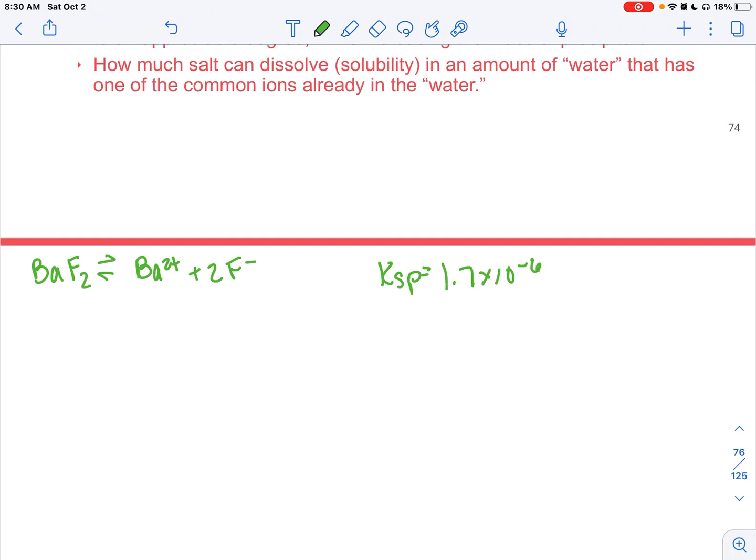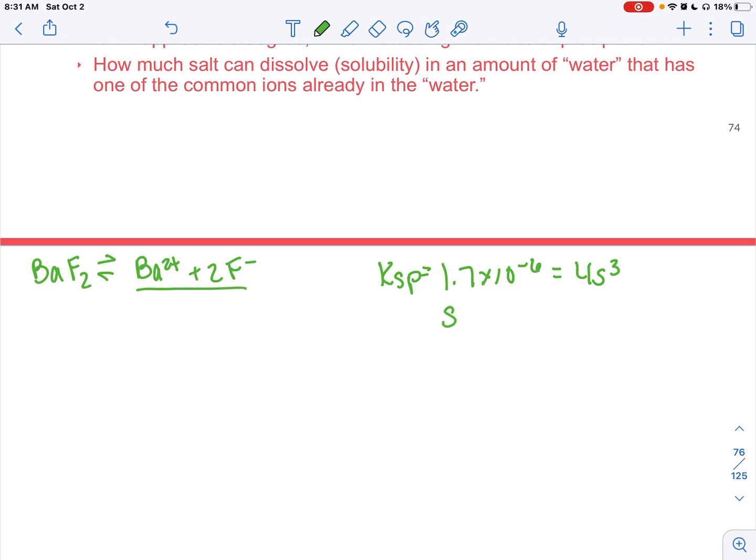Okay, so for BaF2, our KSP is this. So if we were just doing regular KSP, no common ions, we would set this to 4s cubed. Okay, you can do the RICE table to prove that to yourself, but we've already done so many of these.